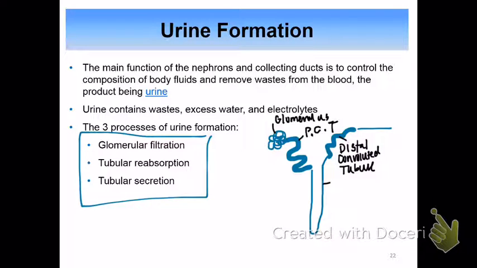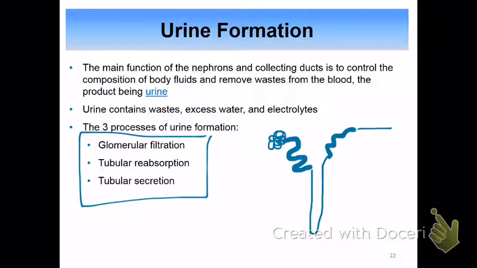And that's your loop of Henle or nephron loop. This would be your collecting duct. Oh, that's not very good handwriting, is it? Okay, so let me erase all this.